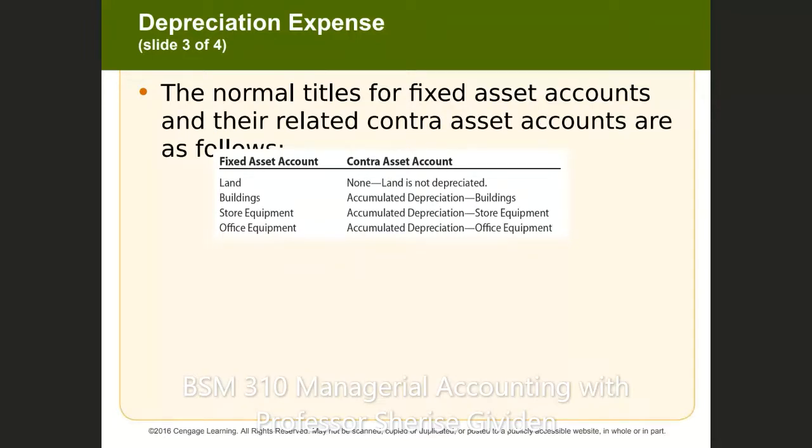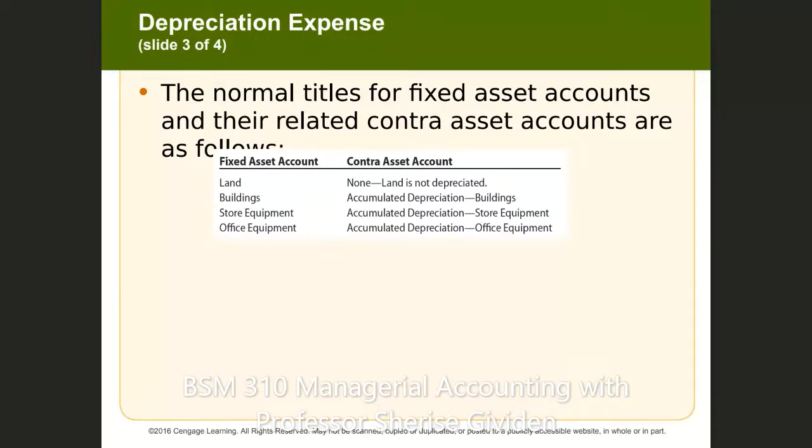So the normal titles for fixed asset accounts and their related contra asset accounts are as follows. So here we've got an example. We've got the fixed asset accounts and we've got the contra asset accounts. Land does not have a contra asset account because it's not depreciated.